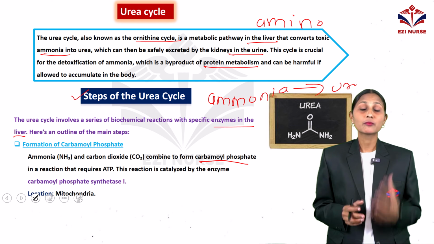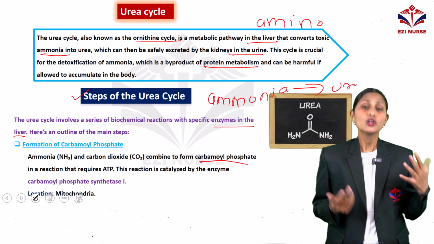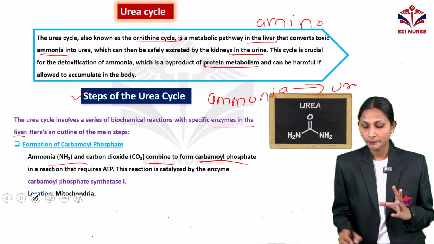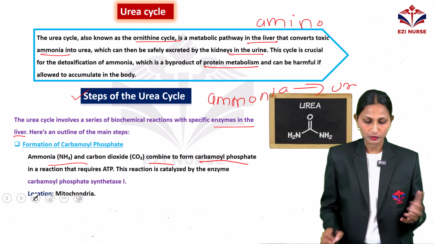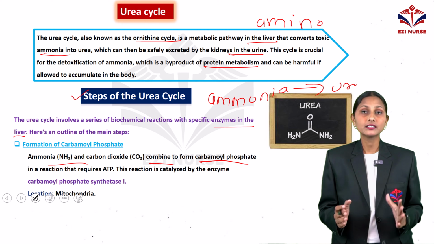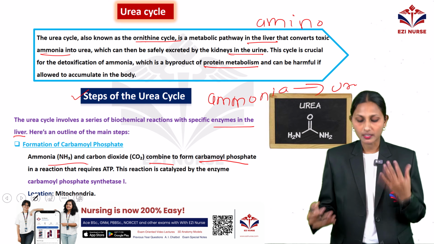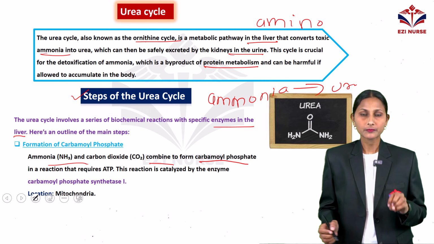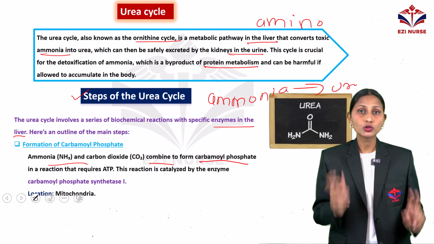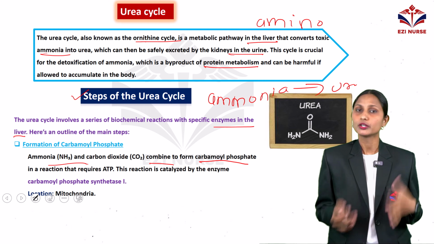The first step of the urea cycle is the formation of carbamoyl phosphate. Here, ammonia and carbon dioxide combine to form carbamoyl phosphate in a reaction that requires ATP. Ammonia combines with carbon dioxide and gives a molecule that is carbamoyl phosphate, with the help of ATP. 2 molecules of ATP will be required here and will convert into 2 molecules of ADP.